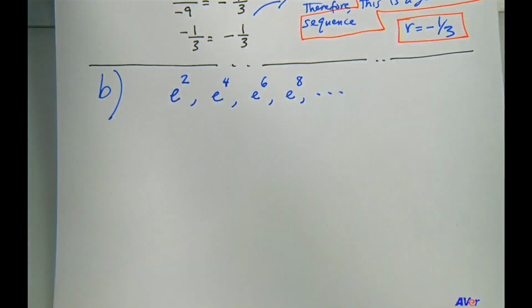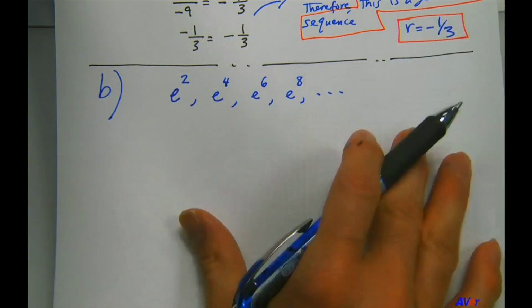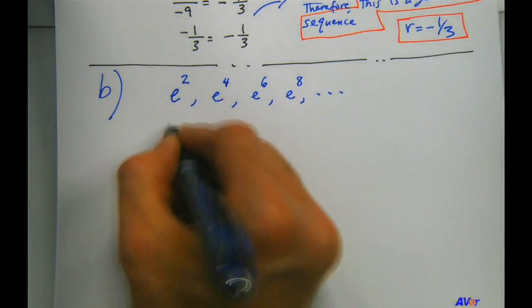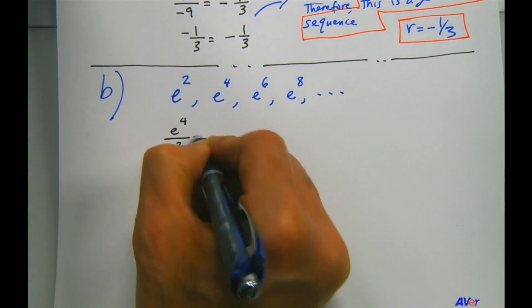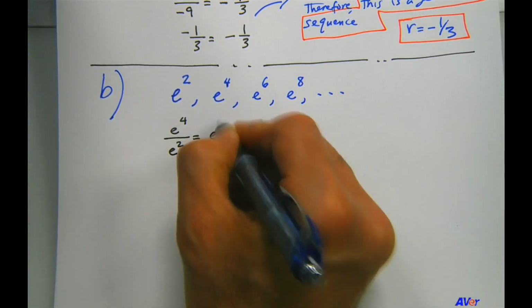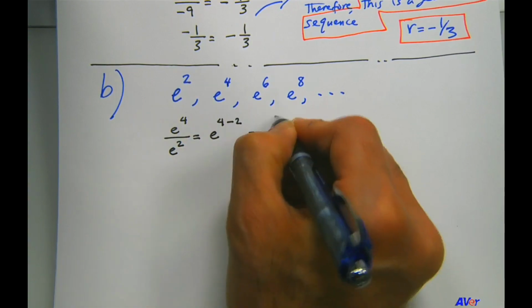Once again we have to show whether the common ratio exists or not. Let's do that. e to the 4th divided by e squared simplifies to e squared.